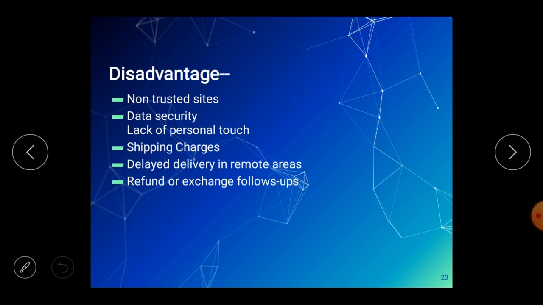And there is one more thing: usually when we are purchasing anything that does not meet the minimum cost of the shopping, they charge some sort of shipping charges also. So the shipping charges may increase the whole cost of the article that we are purchasing from the shopping sites.